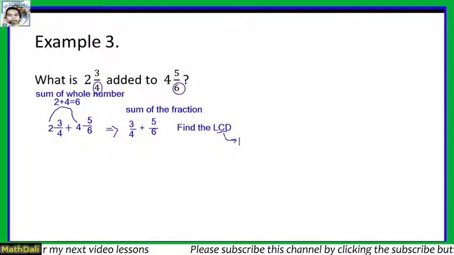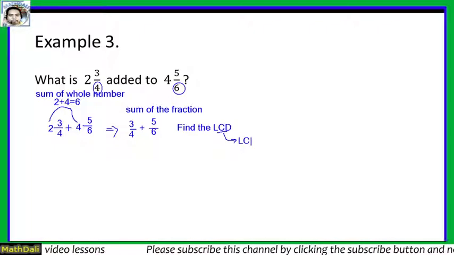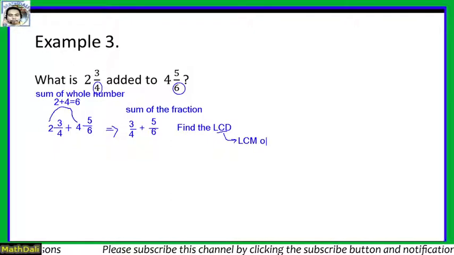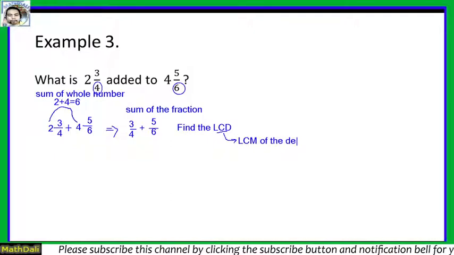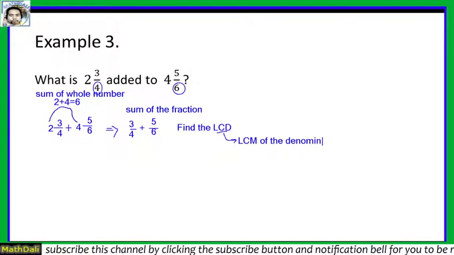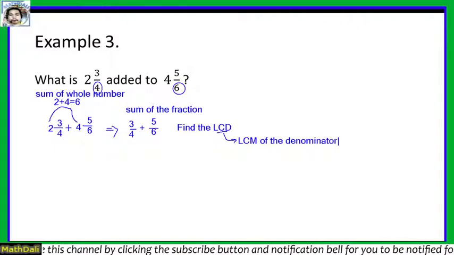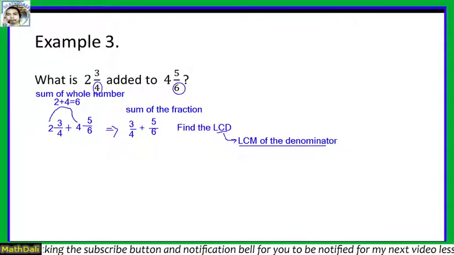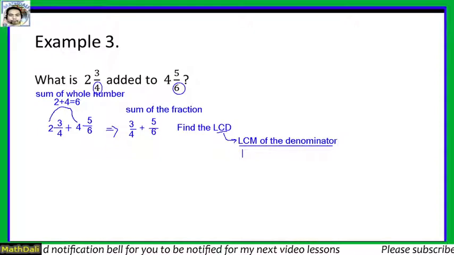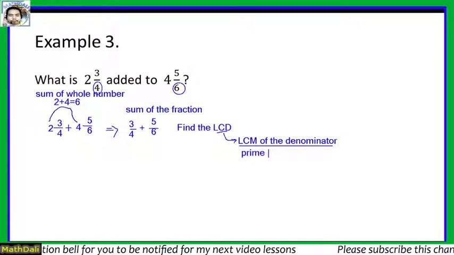That LCD is the same as the least common multiple of the denominator. Ayan. Para makuha yan, pwede natin ulit gamitin yung tinatawag natin na prime factorization. Yan. So we have the prime factorization.